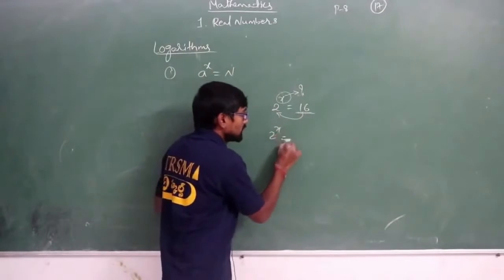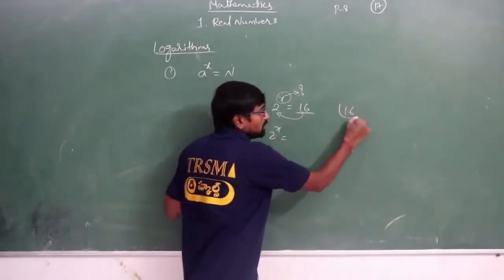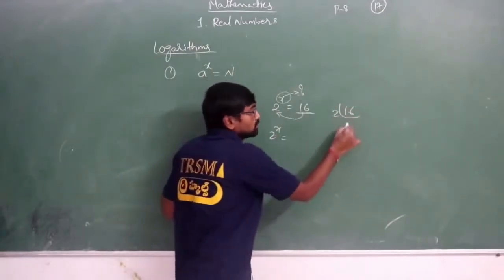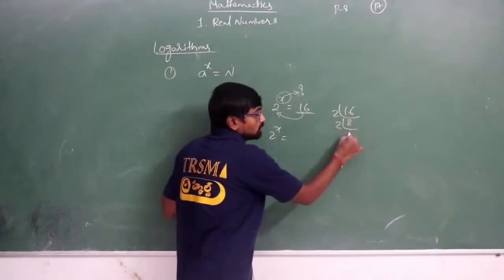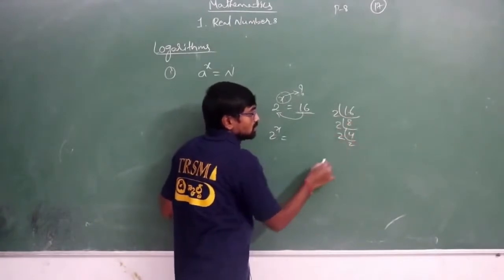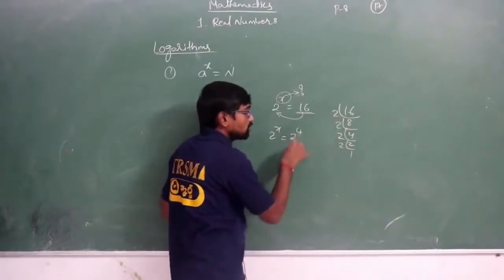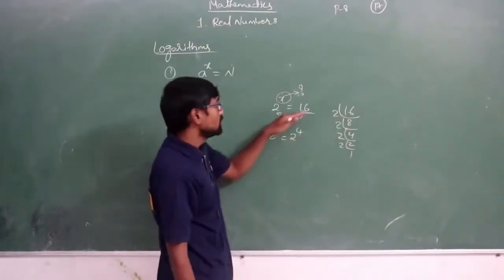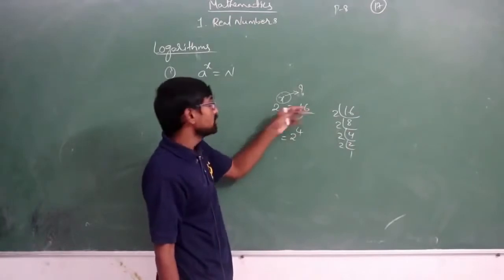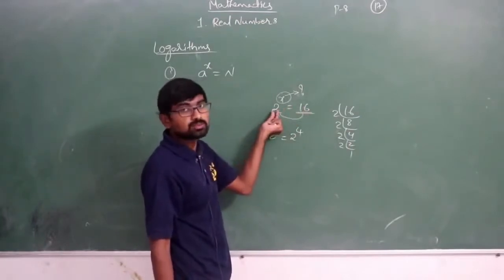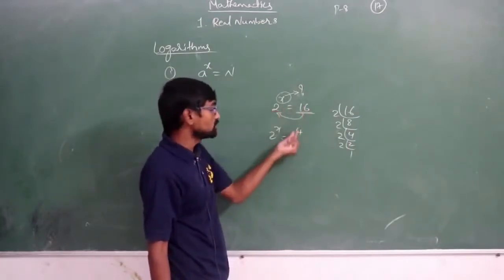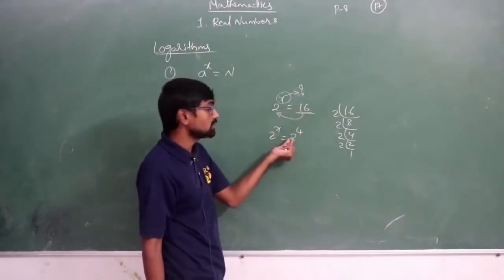If I take the factors of 16, 2 eights are 16, 2 fours are 8, 2 twos are 4, 2 ones are 2, so 1, 2, 3, 4. I can write 2 power 4. I have converted this 16 in terms of the base 2, so I can write 16 as 2 power 4.